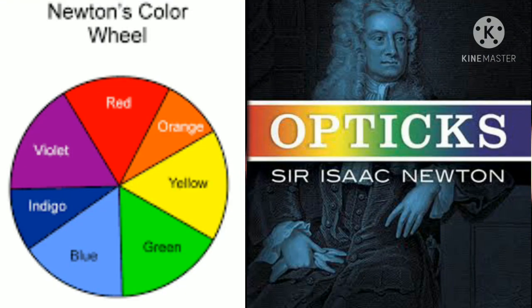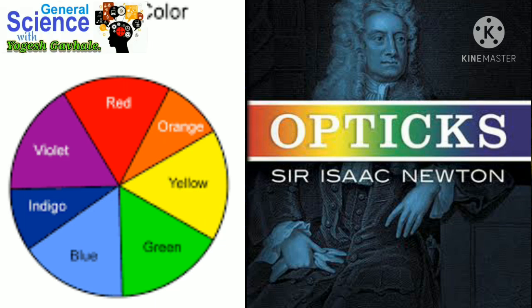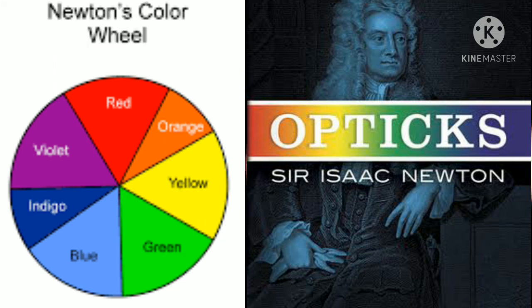In the past, the British scientist Sir Isaac Newton made a special disc. One side of the disc was divided into 7 petals, and the 7 petals were colored with different colors: red, orange, yellow, green, blue, indigo, and violet.